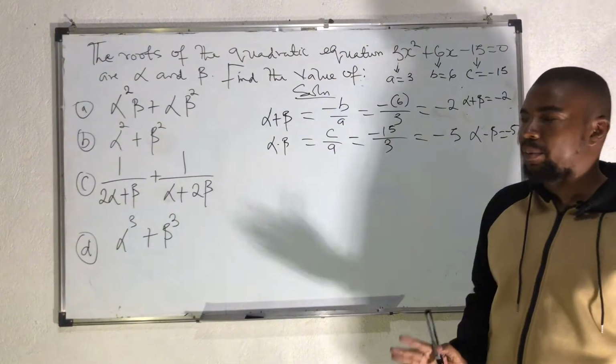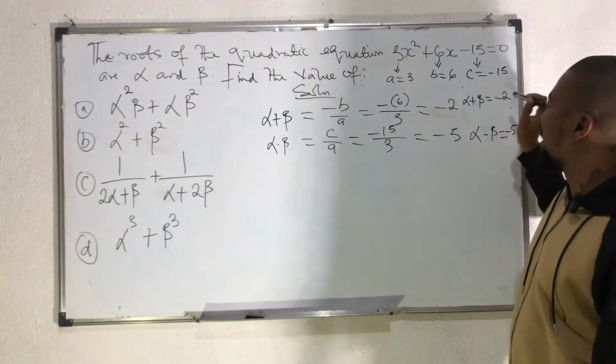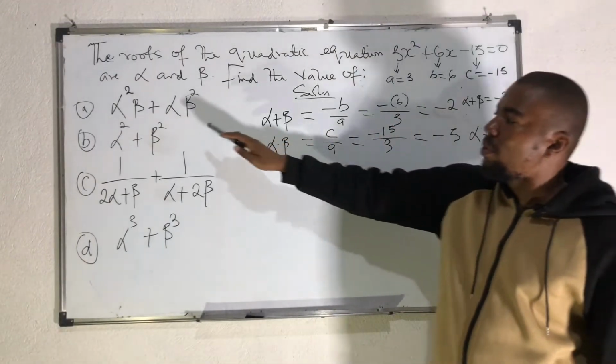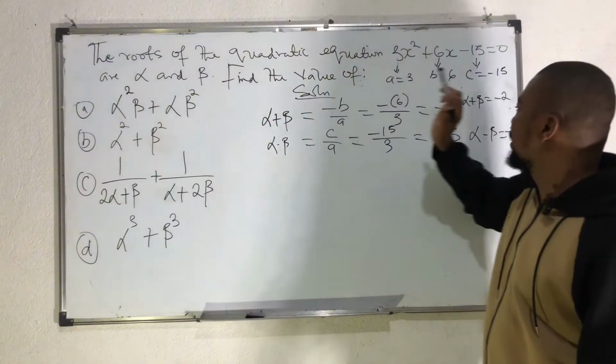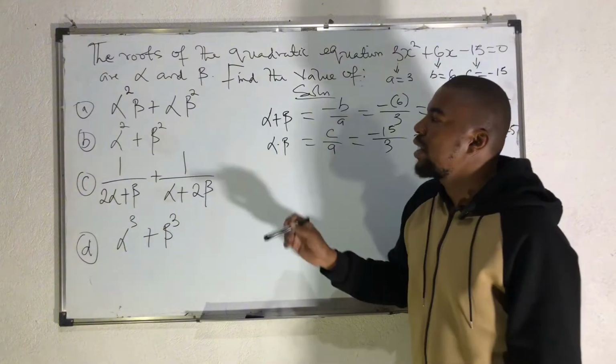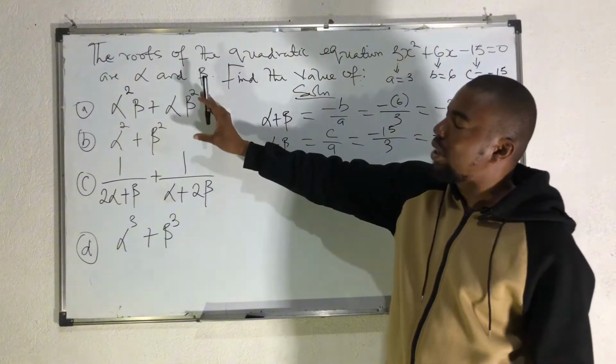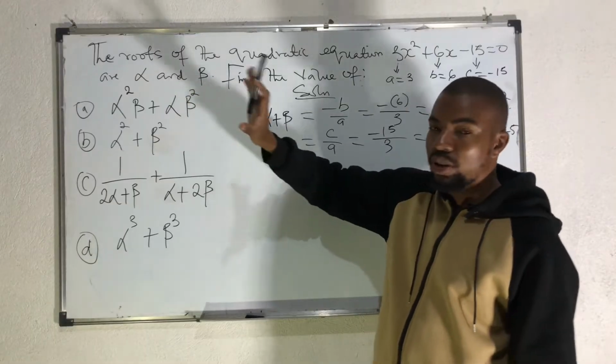I say again, for example, you cannot just substitute negative 2 for alpha plus beta here and negative 5 for alpha times beta here. Why? Because they are not actually isolated. They're not on their own yet.